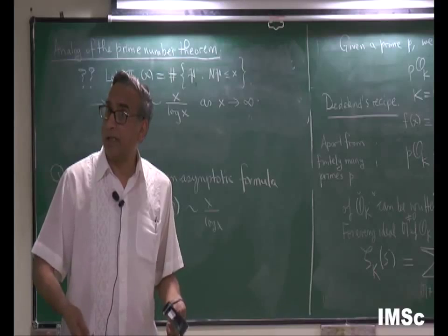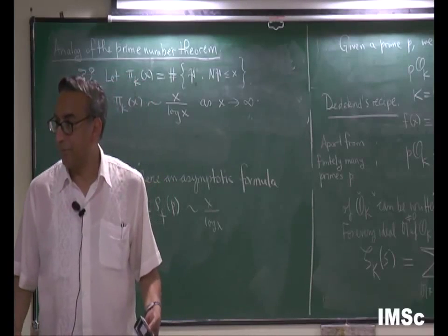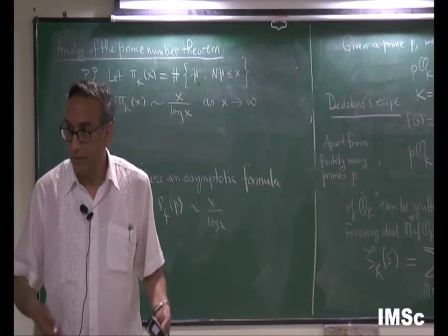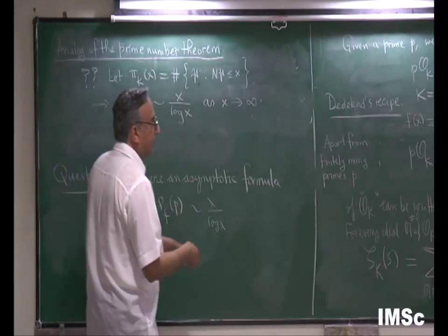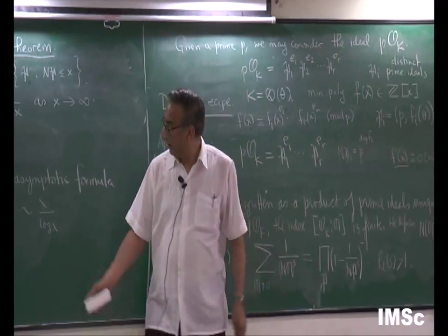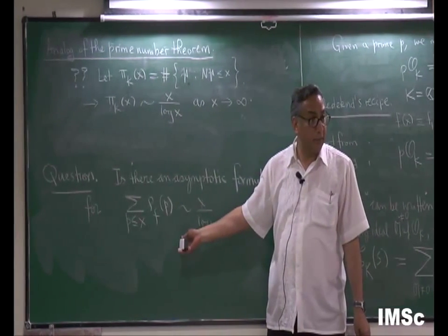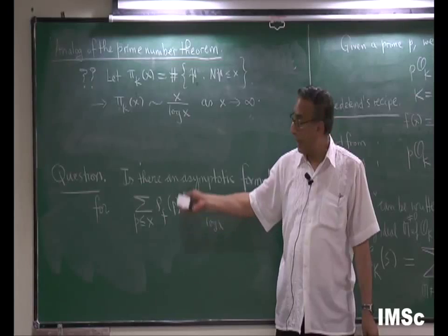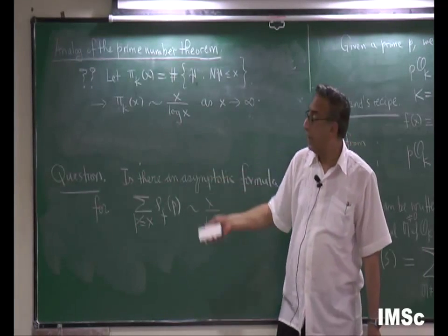Remember, prime ideals whose norm is p squared and higher contribute less to the sum. So we don't need to worry about those, okay? From understanding this theorem, you can establish an equivalence between this and this. They're completely equivalent in this sense, in terms of asymptotics. Everybody happy with this? Okay.